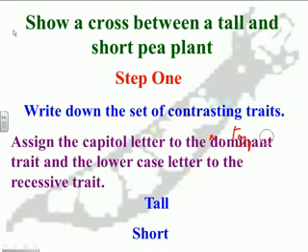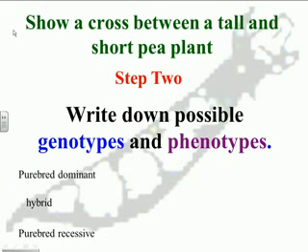Right now we're doing the ones where I'm telling you which is dominant. So tall is dominant over short. So the capital T refers to an allele for tallness, and a lowercase t refers to an allele for being short.